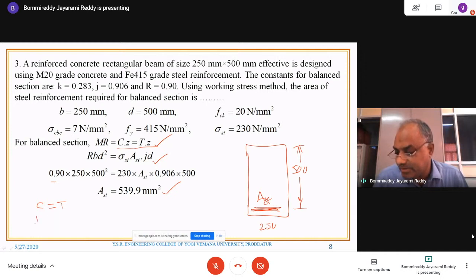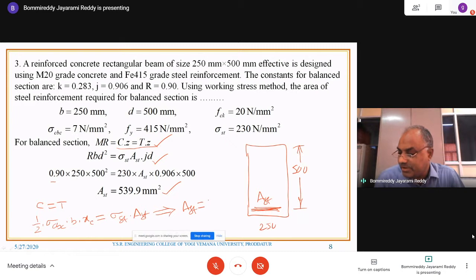C is half into sigma CBC into B into XC, because here the depth of the neutral axis is now XC, which will be equal to sigma ST multiplied by AST. You can also use this formula and compute the value of AST.